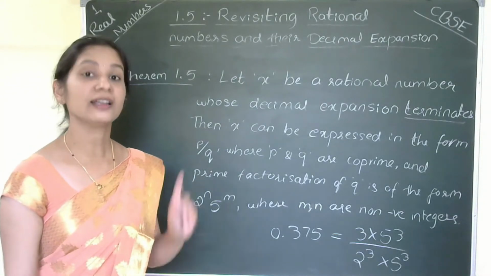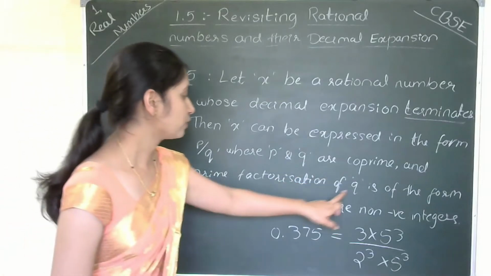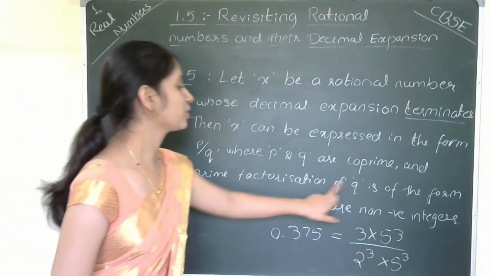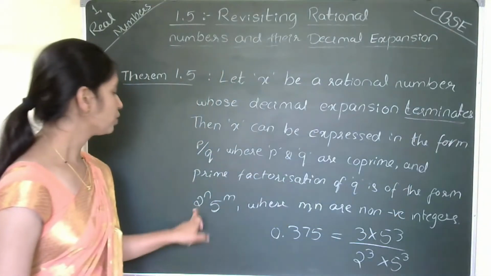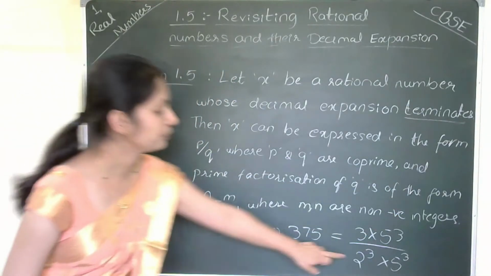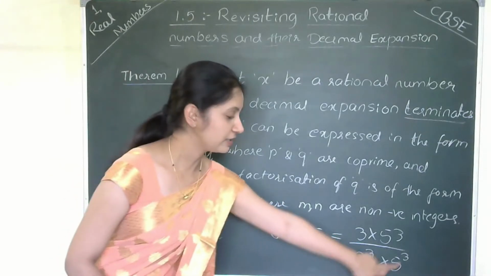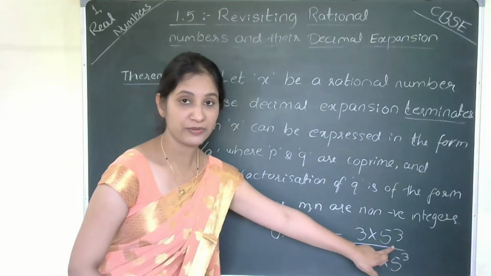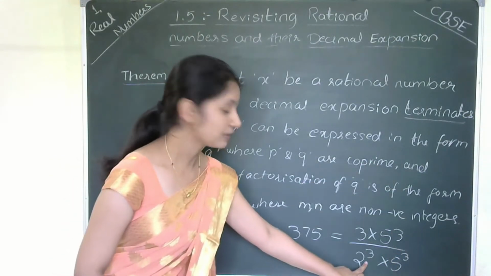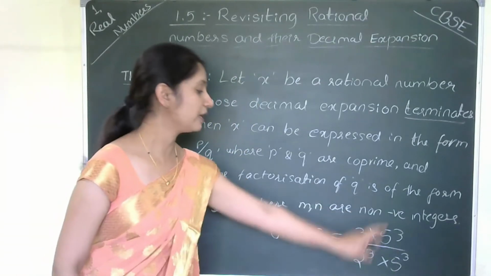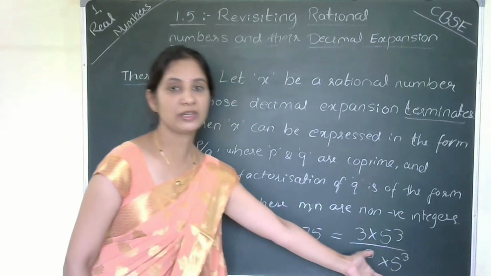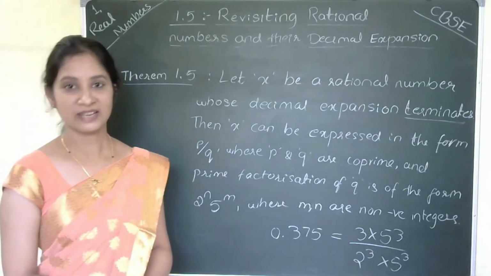common factor other than 1, and also the prime factorization of q is of the form 2 raised to n, 5 raised to m, here 2 raised to 3, 5 raised to 3. Powers may be different for any other example, but it must be 2 and 5, where m and n are non-negative integers. 3 and 3 we got here, and they are non-negative integers.